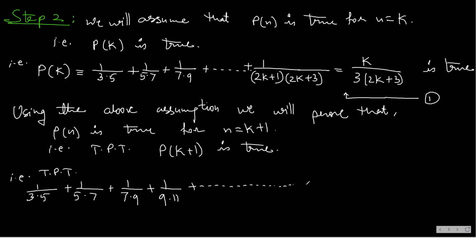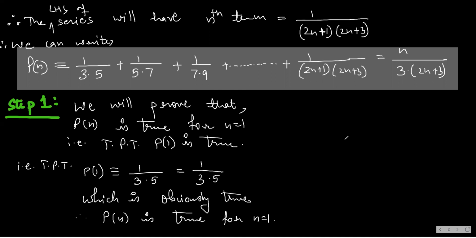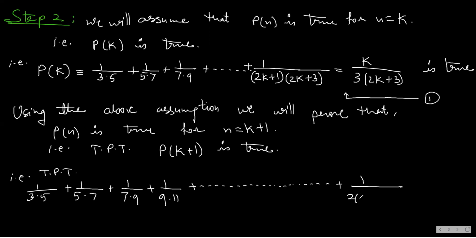You understand? And what is that nth term? The nth term you are writing with k plus 1. So that is 1 upon 2 into k plus 1 in one bracket, and then 2 into k plus 1 plus 3 in the other bracket, equals to, and what would be the RHS?